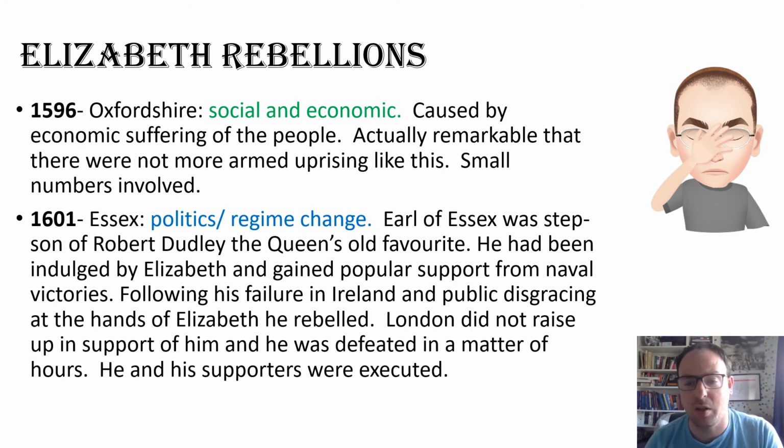His army's defeated on the streets of London with a small skirmish against the Archbishop of London's men, and then the Bishop of London's men, and then he ends up locked in his house with cannon trained on it, and trying to burn documents. And following all this, he is executed along with those who supported him.